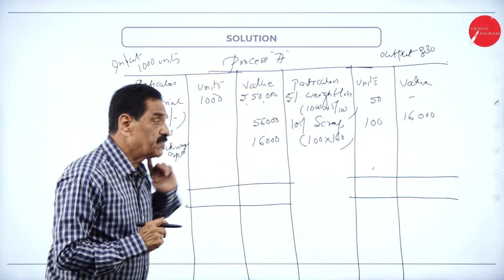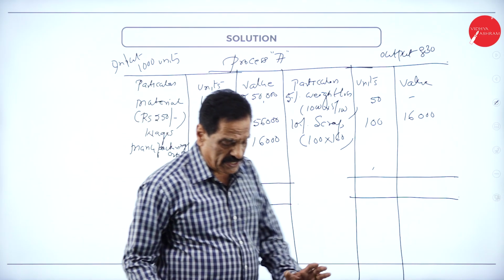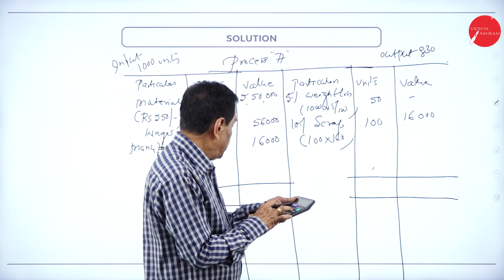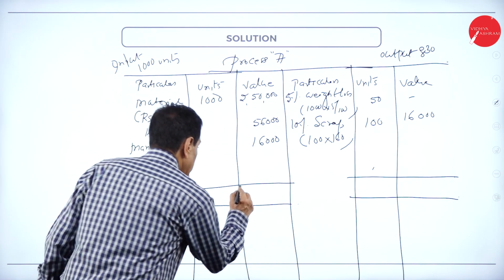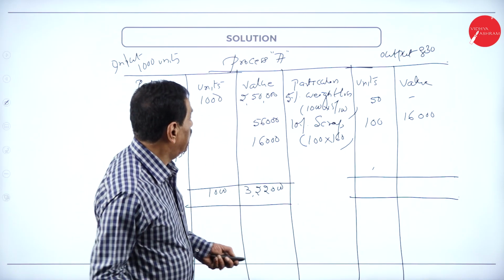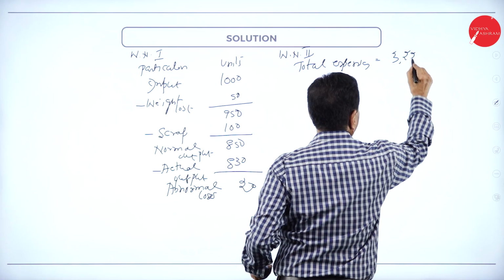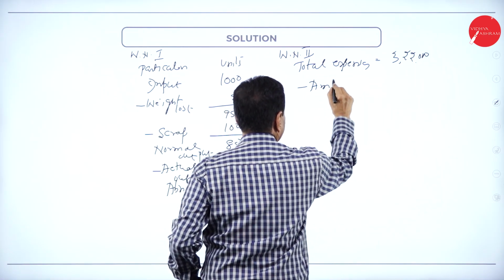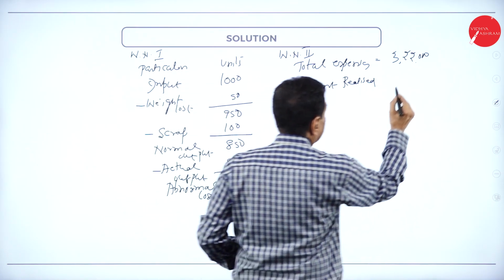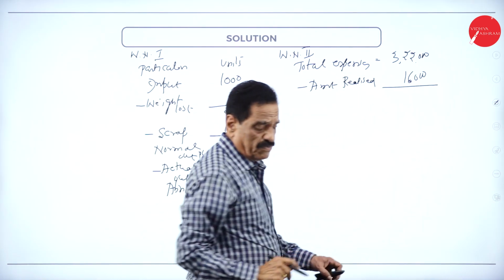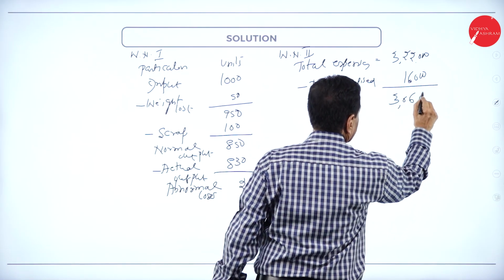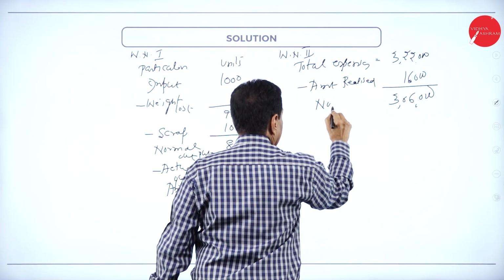Your wages or labor cost is 56,000. Your manufacturing expenses is 16,000. Add the figures: 2,50,000 plus 56,000 plus 16,000 is 3,22,000. This is for 1000 units. So your expenditure is 3,22,000 minus amount realized. What's your amount realized? 16,000. So out of 3,22,000, you are going to realize 16,000, which means it is 3,06,000. So this is called normal cost.